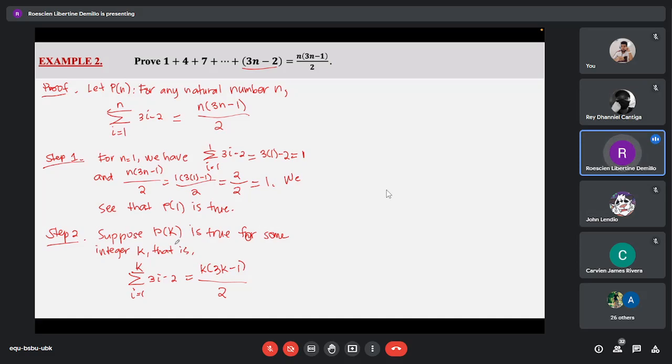Now, in step 3, I'll just continue here on the right side. Okay, let's have step 3.